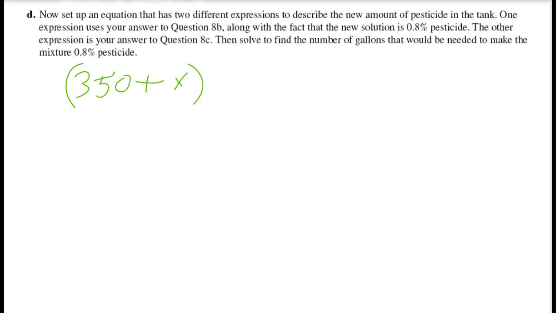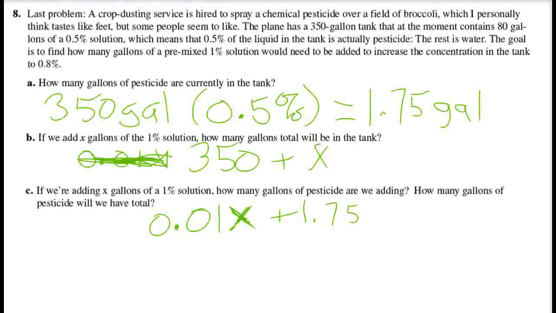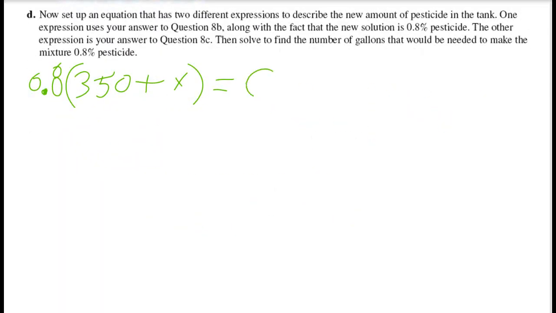We're going to multiply that by 0.8. That would give us the volume of pesticide in the tank. But we also know the volume of pesticide in the tank is going to be 0.01x plus 1.75.